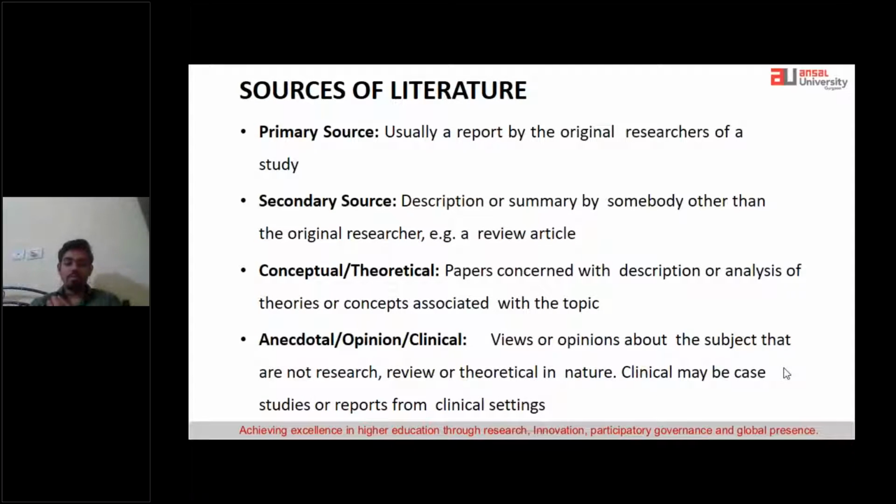I hope everybody is clear so far on how the literature review concept goes: first, what the sources and platforms are, then how we can go about searching that literature, and also what other sources, besides research papers, you can use for the literature review.